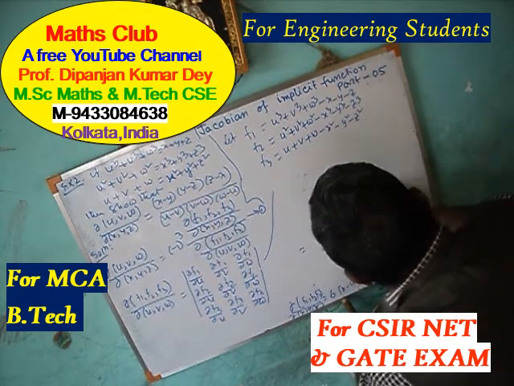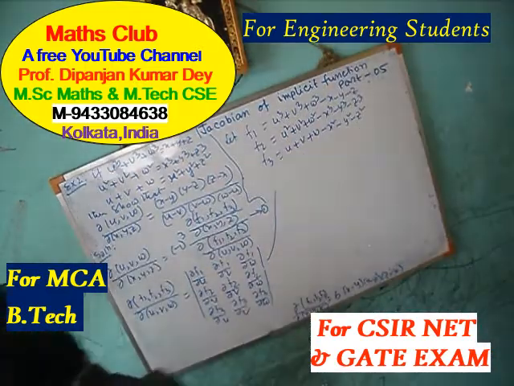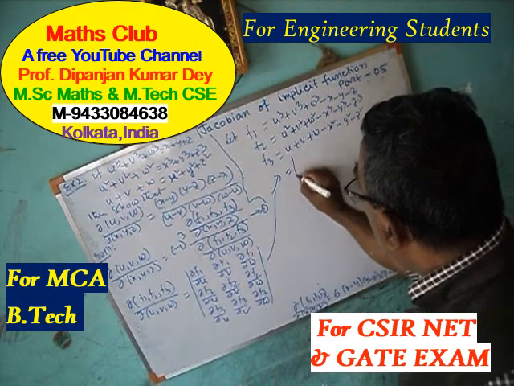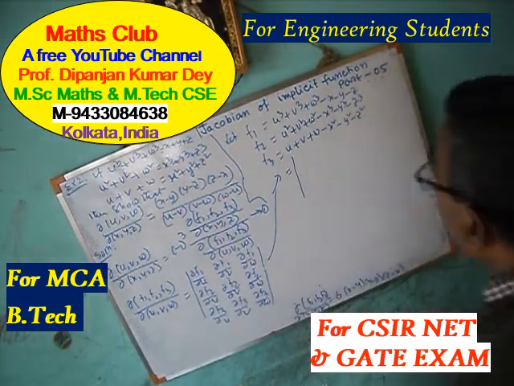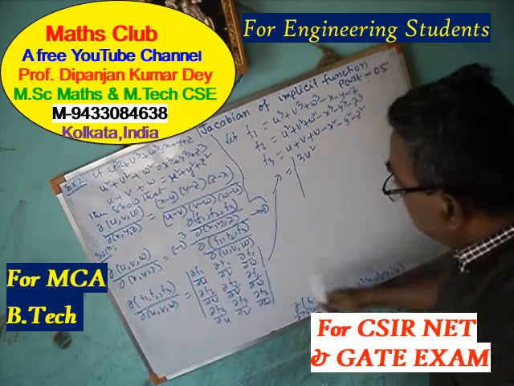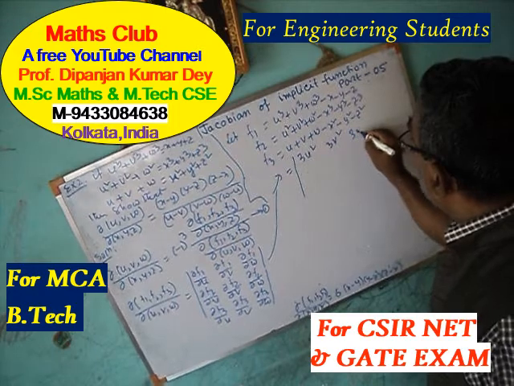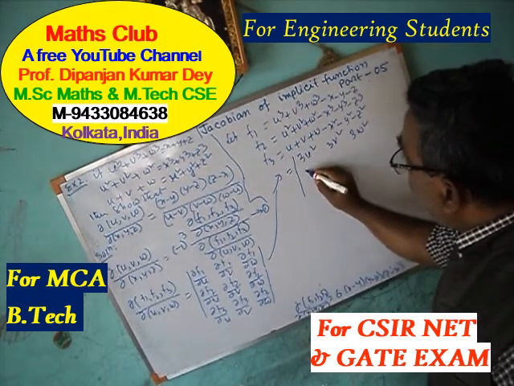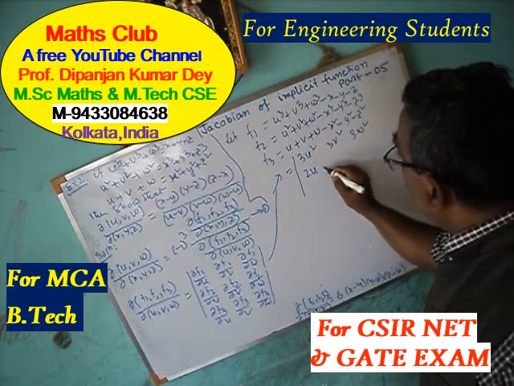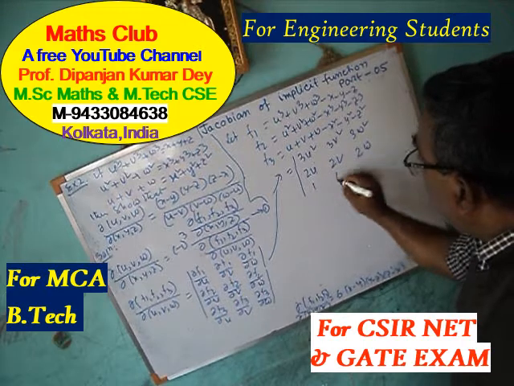Okay, so now this part I will do, that is now just putting the value of del f1 by del u, that is 3 u square, del f1 by del v, that is 3 v square, 3 w square, and here 2u, 2v, 2w, then 1, 1, 1.